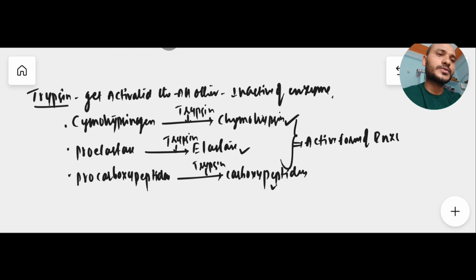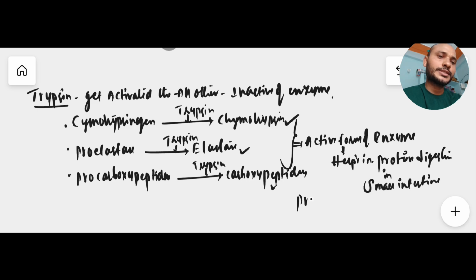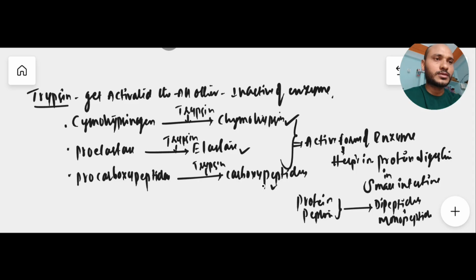These active enzymes help in protein digestion in the small intestine, converting proteins and peptones into di- and monopeptides. That is all about the protein digesting enzymes.